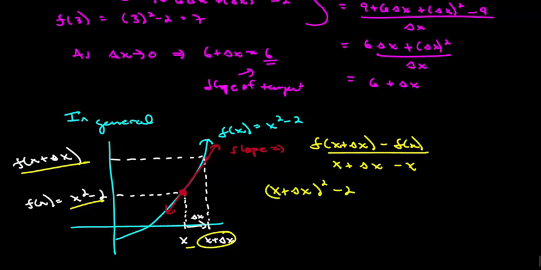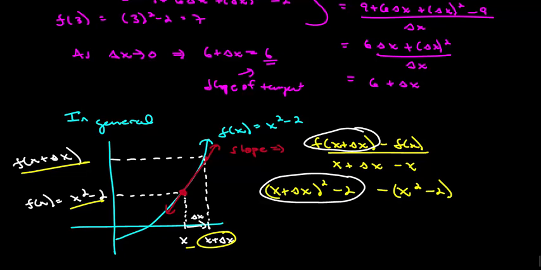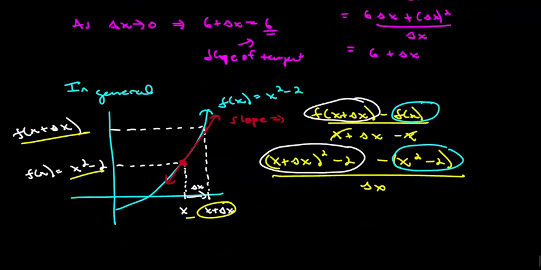Well, that's x plus delta x squared minus 2. Then we've got to go ahead and subtract off f at x, which is just x squared minus 2. Okay, make sure we subtract out both pieces. So that's that right there. And then, of course, the denominator is x plus delta x minus x, which those cancel out, and you're just left with delta x.